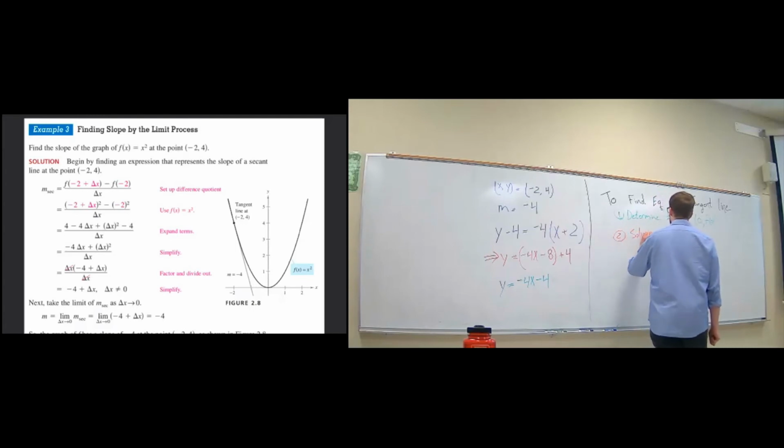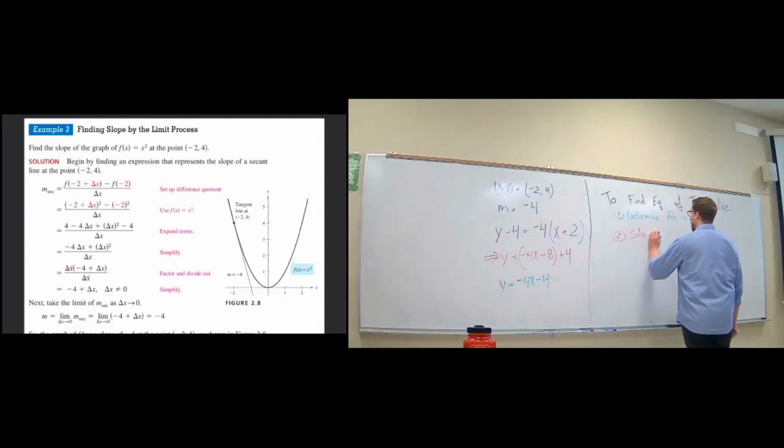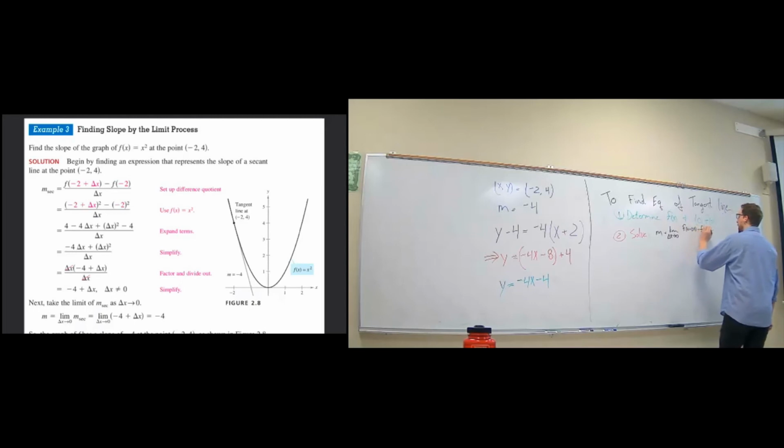Solve n is equal to f of a plus delta x minus f of a. My mistake, let me write in the limit before I do anything else. The limit as delta x goes to 0 of f of a plus delta x minus f of a divided by delta x.